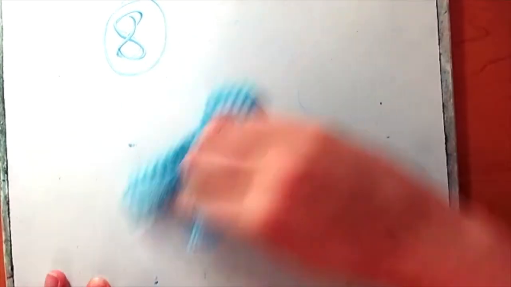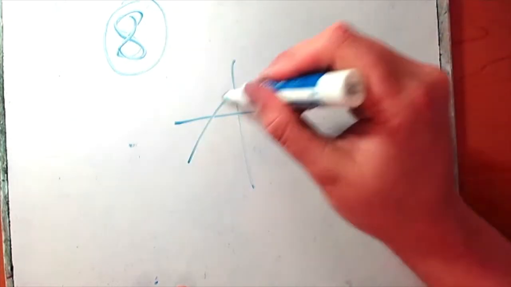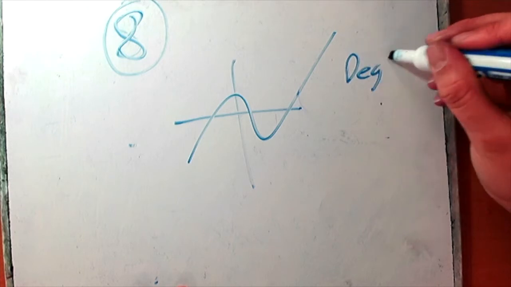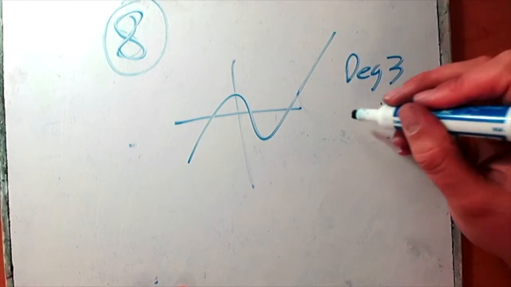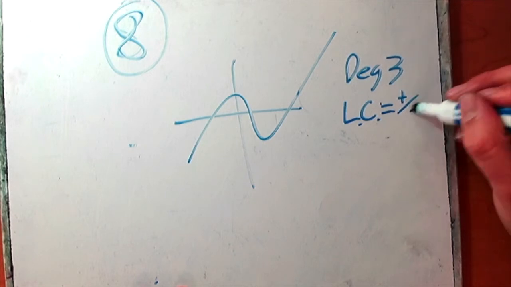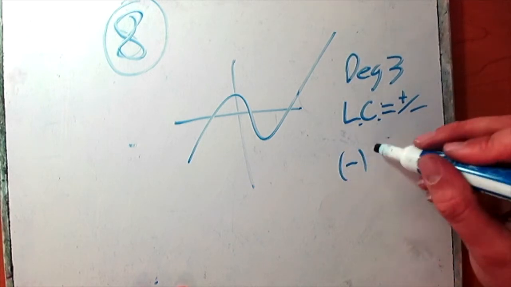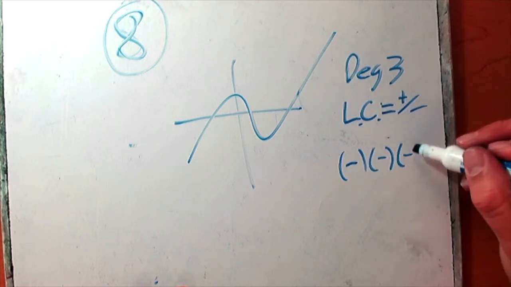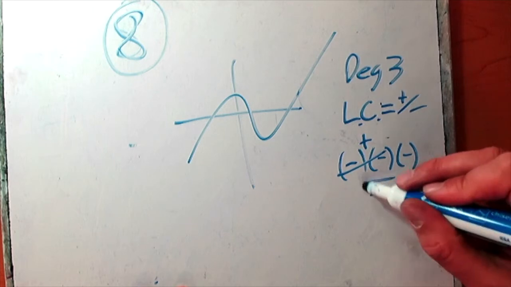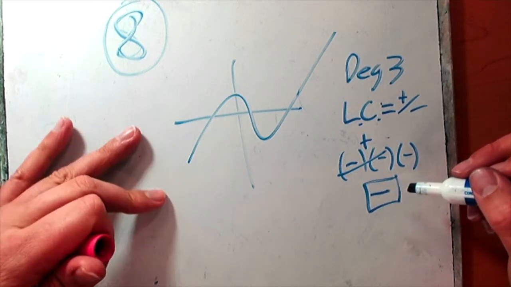So in the problem specifically that we were given, something like this, well, that's a degree 3. And is the leading coefficient positive or negative? Well, a negative times a negative times a negative. Well, that's a positive times a negative. So overall, as we go into the negative space, this should be negative, which is true.